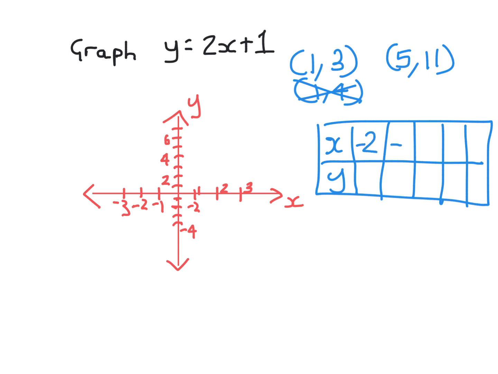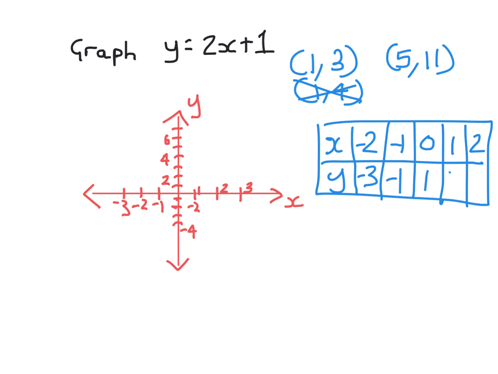So you can just always choose, if you like, x from -2 to 2. How do you find the y value that goes with the x value? Well, you just substitute it. So if x is -2, y is 2 times -2, -4, plus 1 is -3. You can use your calculator. If x is -1, y is 2 times -1, plus 1, which is -1.